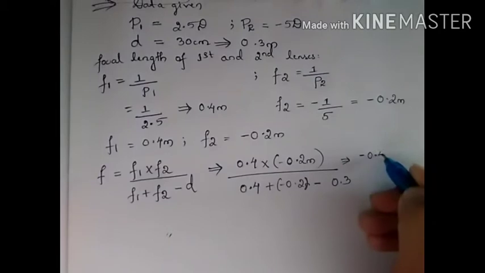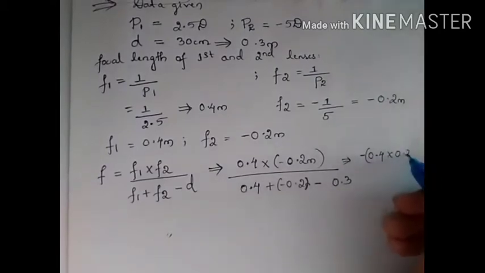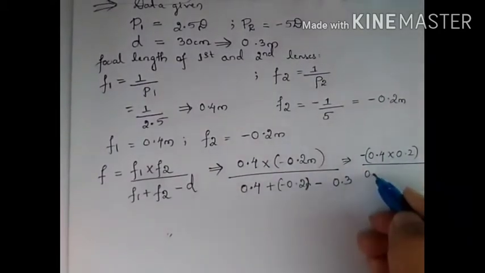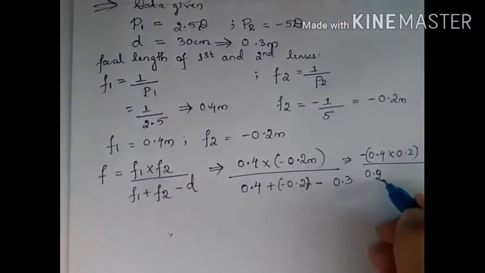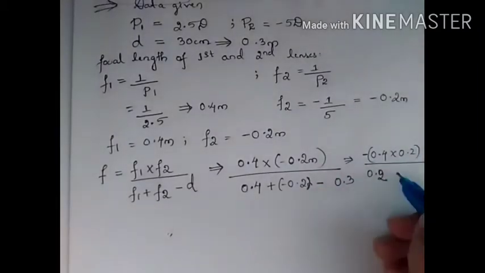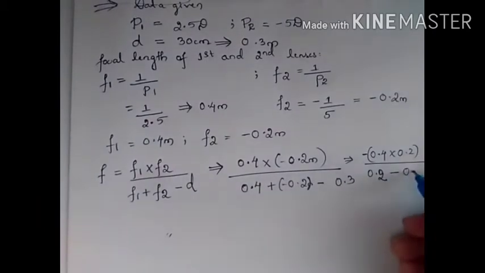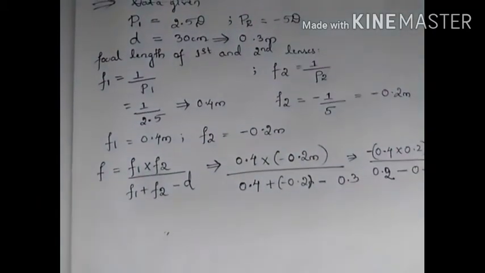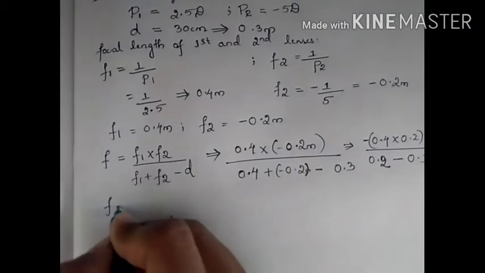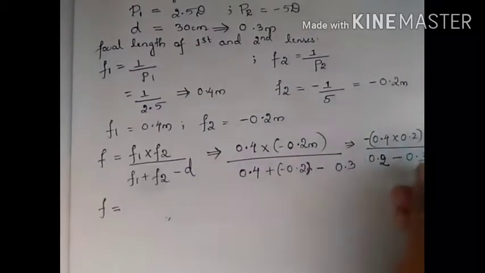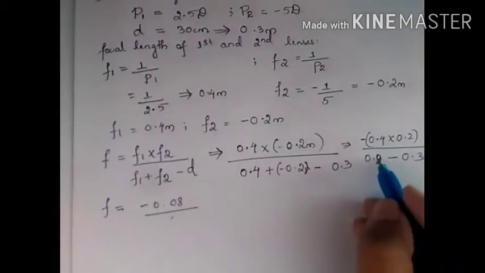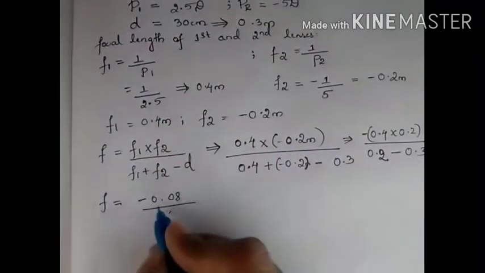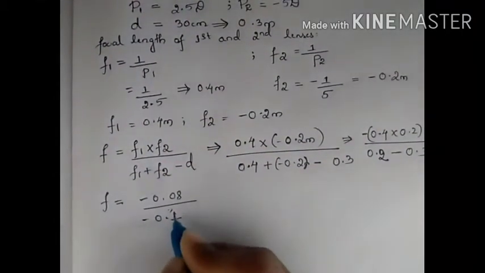So you have -0.4 multiplied by 0.2 divided by 0.4 minus 0.2, which is 0.2, and this is minus 0.3. If you solve, F is equal to -0.08 divided by 0.2 minus 0.3, which is -0.1.